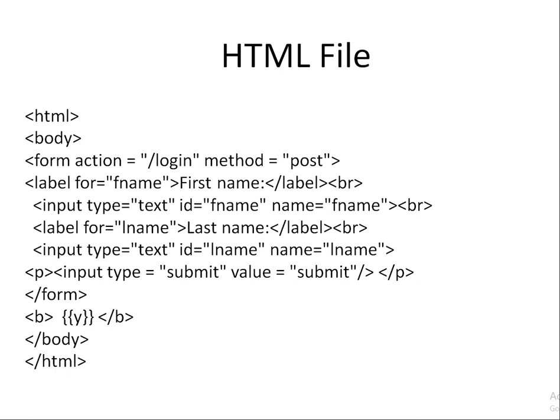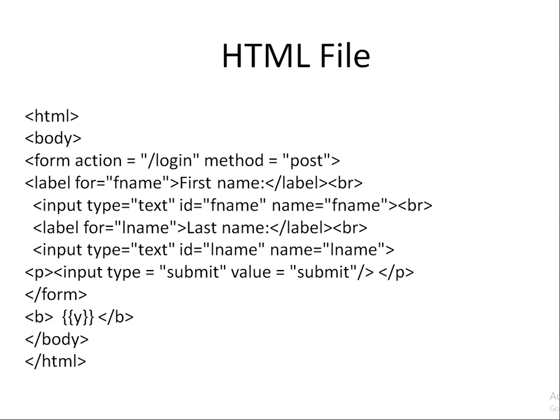I am starting the HTML tag here. This is the front tag, and this is the end tag. For each and every tag there will be a starting tag as well as an ending tag. So this is the HTML file. It starts with the HTML tag, followed by a body tag.